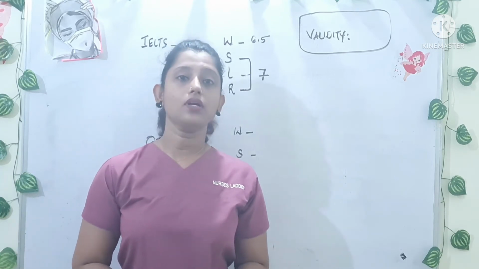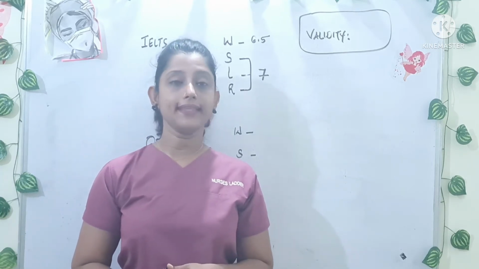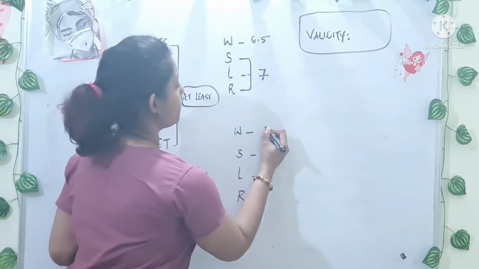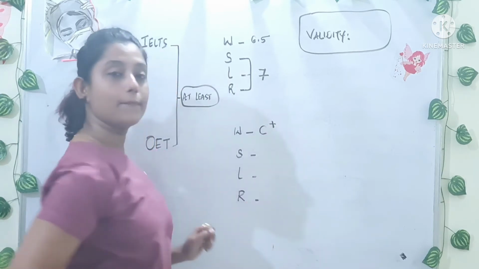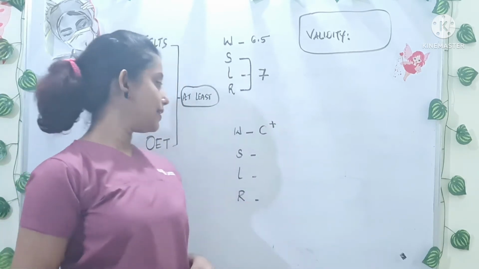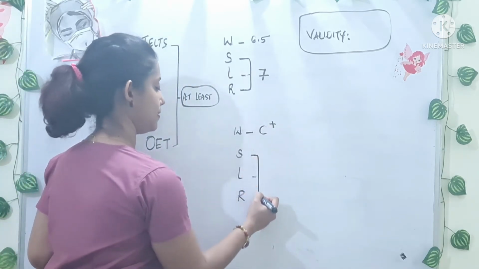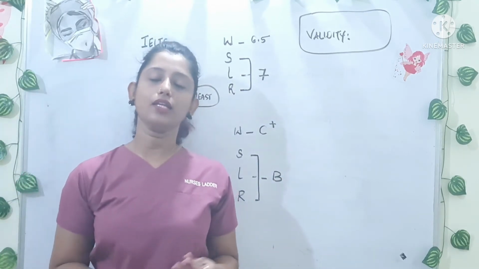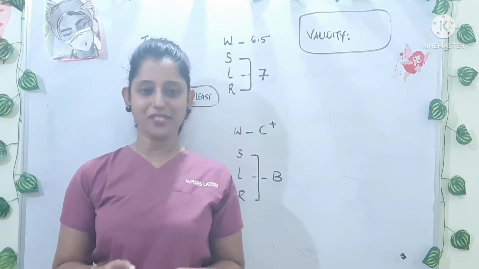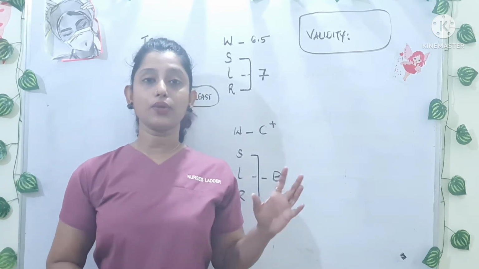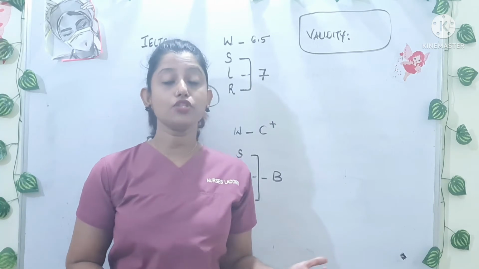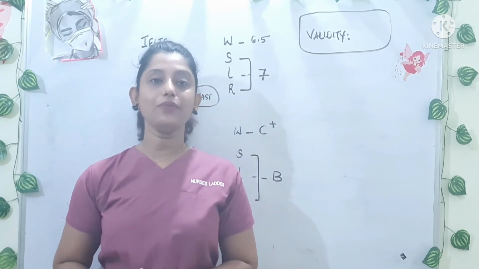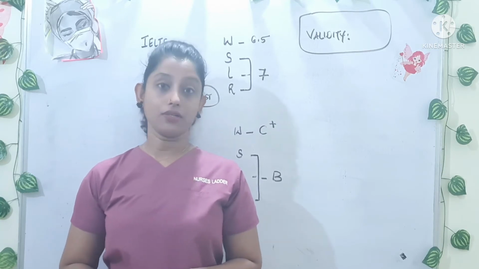If you see the Occupational English Test, then you should at least score C+ in writing and B in all the other 3 modules. This is the requirement or criteria you need to meet if you want to apply for registration in the United Kingdom as a nurse.